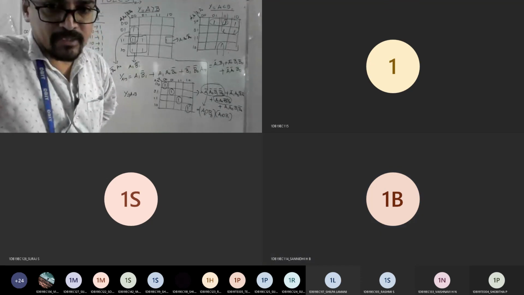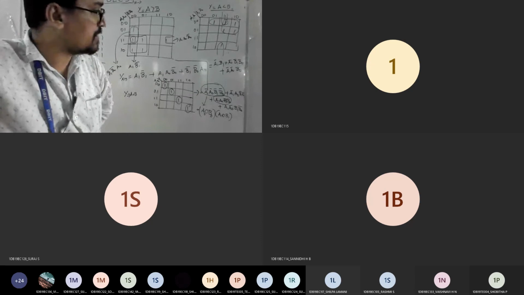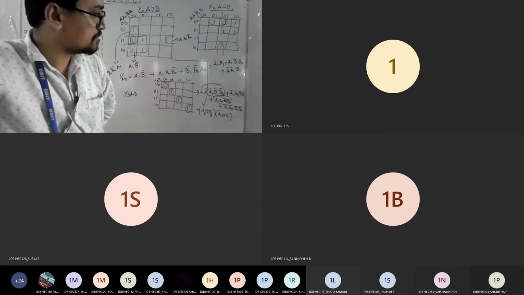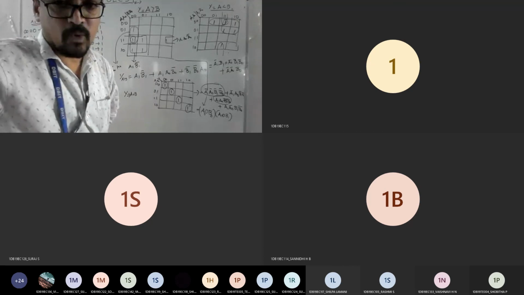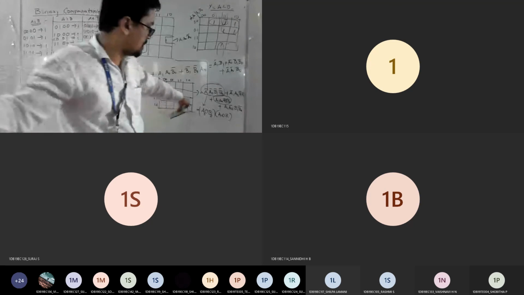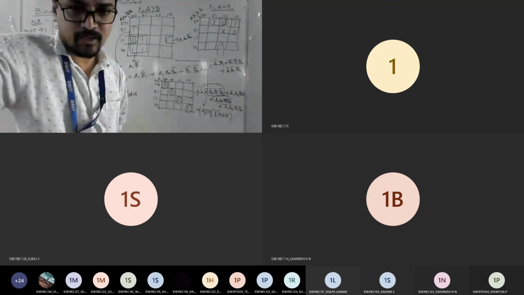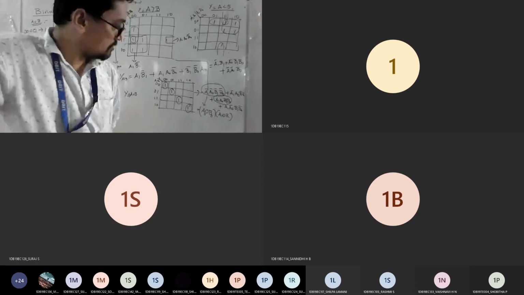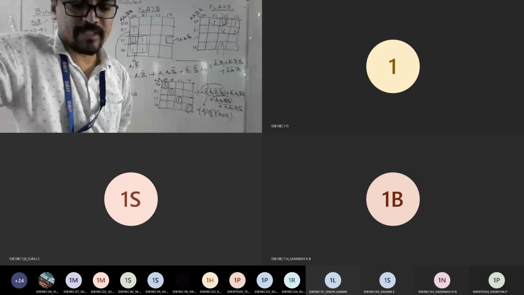Use your canonical form method. Take common terms and get me the final answer. I want everyone to simplify this expression and tell me the final answer for Y equals A equals B. Make it fast. Take whatever terms common you want and check the final answer you get.